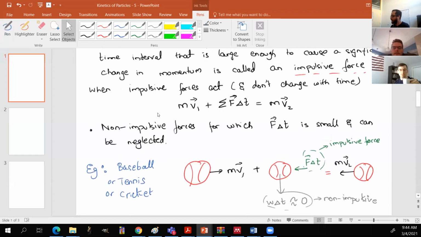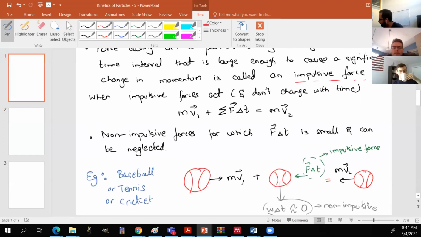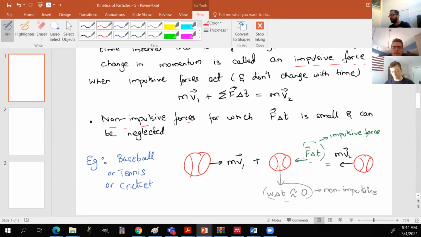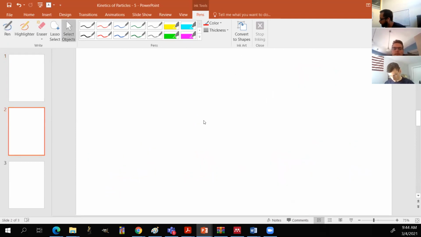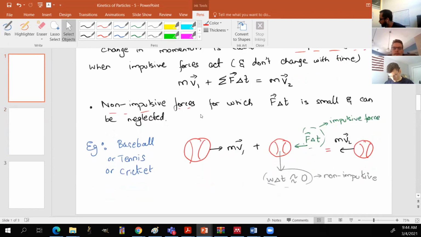All right, so that's the definition of impulsive forces and non-impulsive forces. Next, what we need to do is potentially look at this thing called impact. This is the case when energy does not remain conserved.